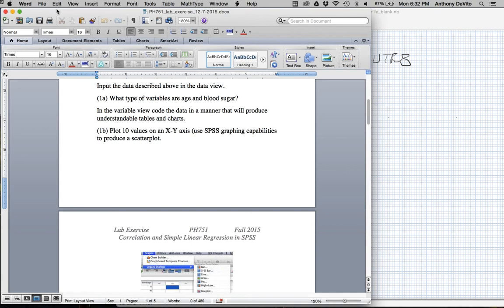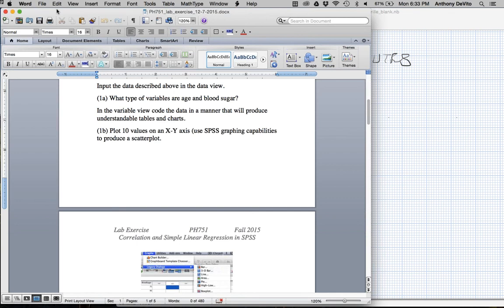Let's change it a little bit. Let's say age and weight, right? People tend to gain weight as they get older, so we want to see if there's a relationship between age and weight. So you randomly select the population, and you measure each person's age, and you measure their weight, right?